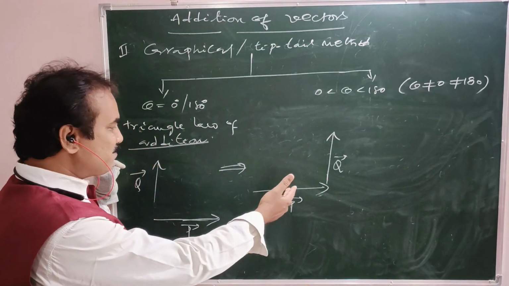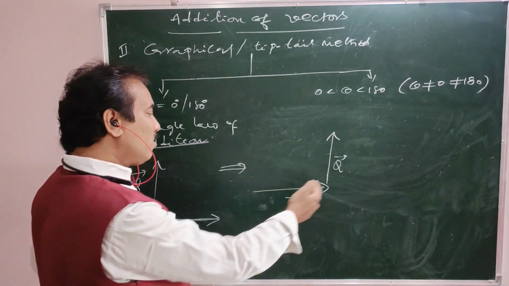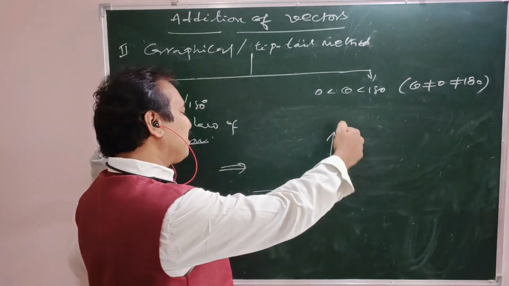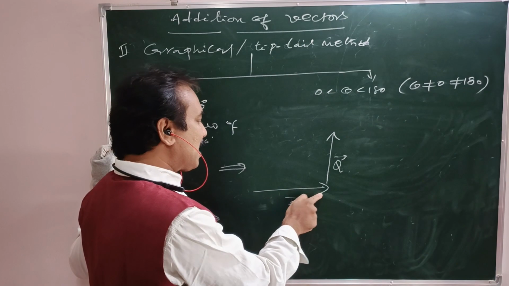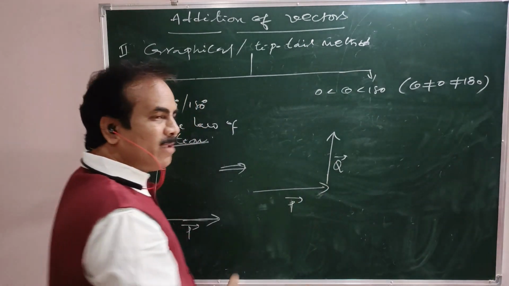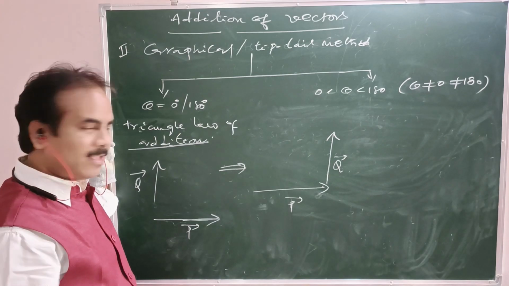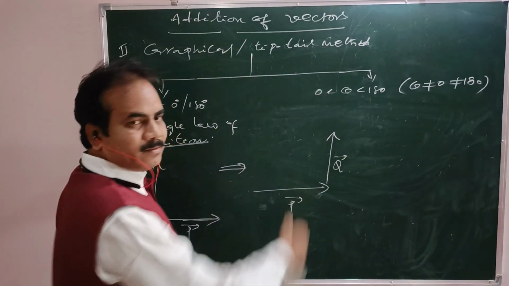This is Q bar. Now this kind of arrangement is said to be orderly connected. Orderly connected means the head of one vector is connected with the tail of the other vector, so they are taken in the same order, not reverse order.